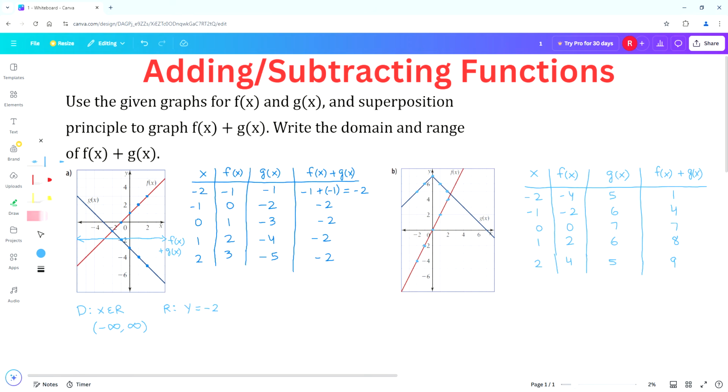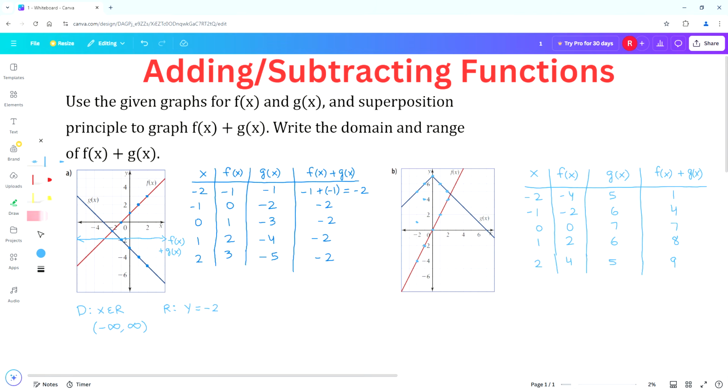Now we can plot these points to get the graph of f(x) plus g(x). At x equals -2, f(x) plus g(x) is equal to 1. So this point here. At x equals -1, f(x) plus g(x) is equal to 4. At x equals 0, f(x) plus g(x) is equal to 7.